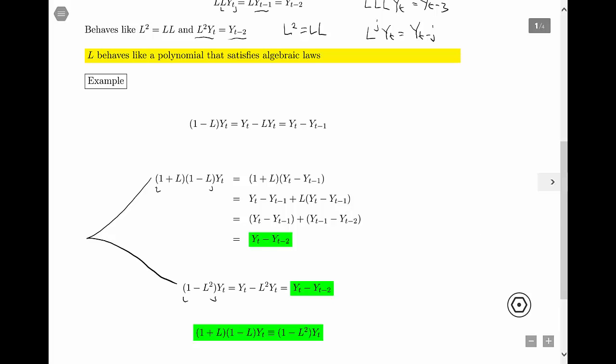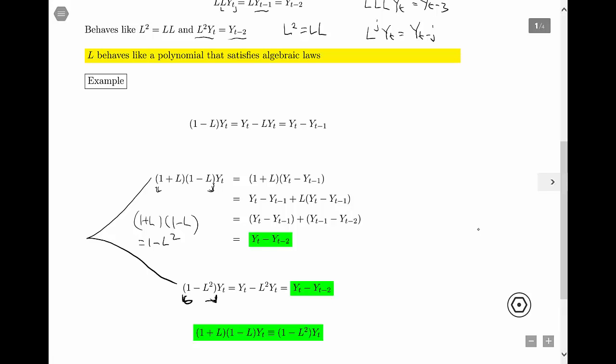Although this isn't a polynomial in L, we can see that 1 plus L times 1 minus L, if L were a polynomial, we could expand out and we'd get 1 minus L squared. So what I'm saying is that this performs an operation on yt, and this performs an operation on yt as well.